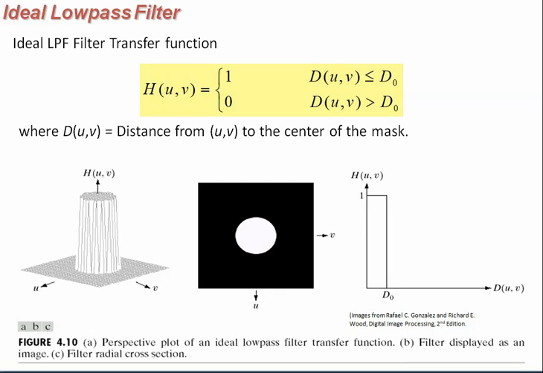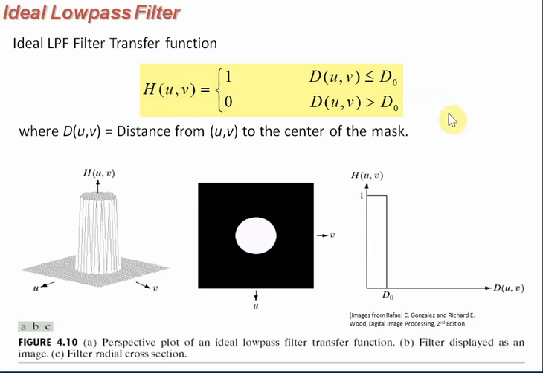Then the system output is the multiplication between the frequency domain representation H(u,v) and F(u,v). That is G(u,v), the enhanced image. G(u,v) is equal to F(u,v) times H(u,v). Then you can get the enhanced image based on this H(u,v).